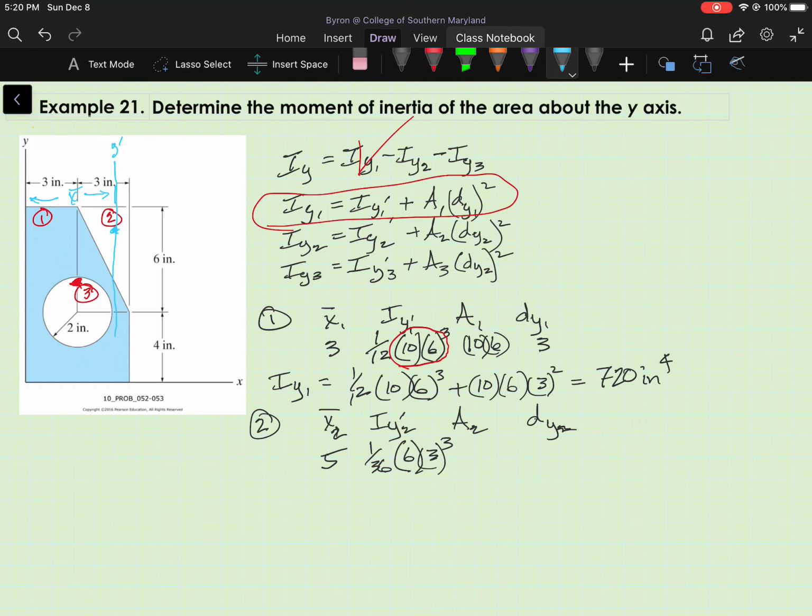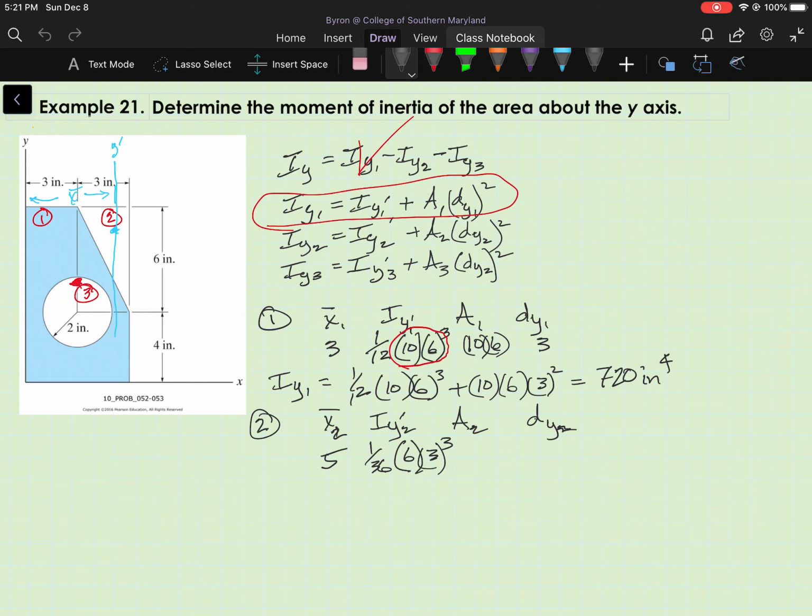So if you look at the formula for the moment of inertia of a triangle about its centroid, the base is the leg of the triangle that is parallel to the axis that you're taking it about, which in this case is 6, and the height is the 3. Very easy to get those mixed up.